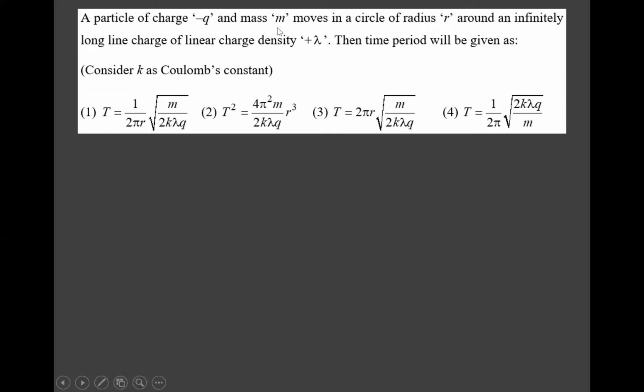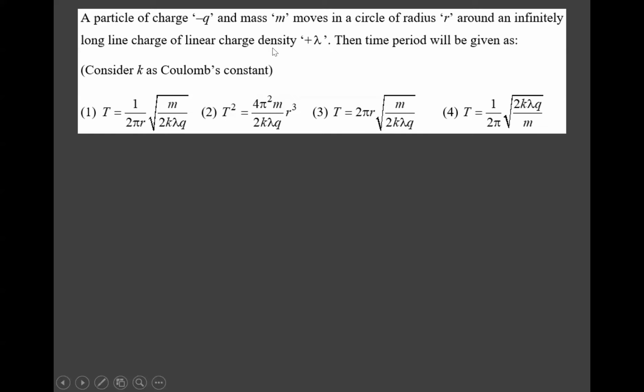When this particle is revolving around this line charge distribution, the required centripetal force will be provided by the attractive Coulombian force by this line charge distribution, right?